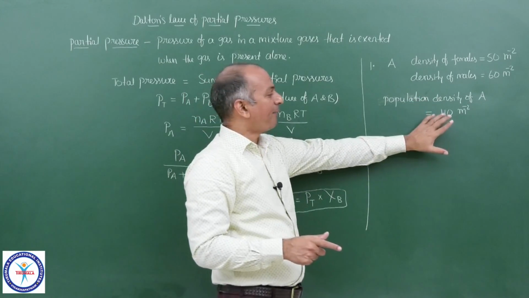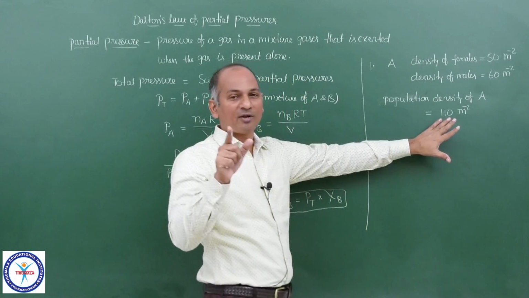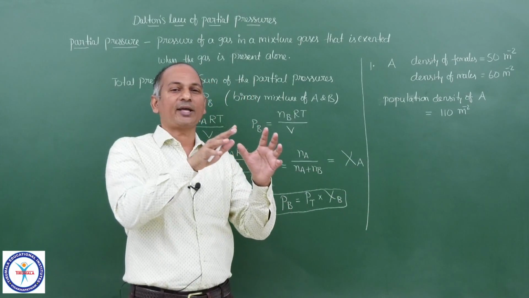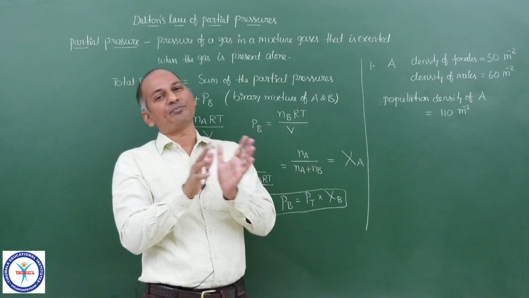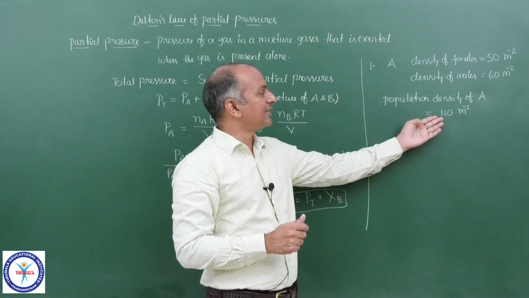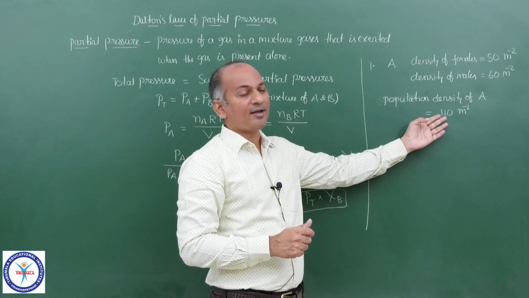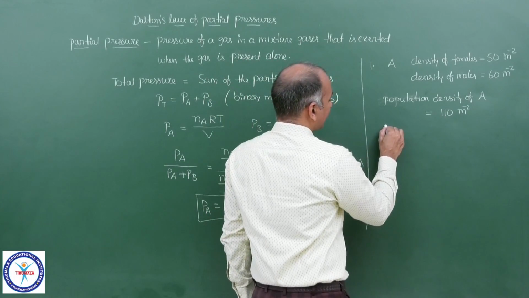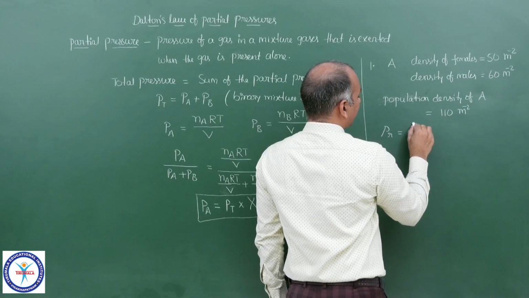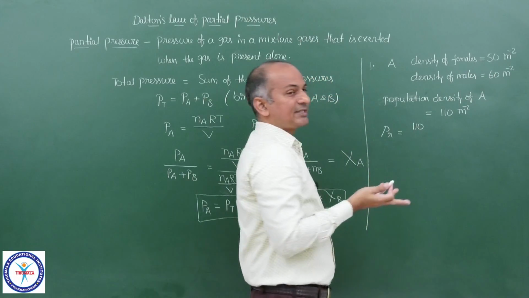So if you apply the same logic, you first convert the intensive into extensive property, then you calculate the resultant extensive property. From that you can calculate the resultant intensive property. You do the same thing, you will get the same answer. Because you see, this resultant density is equal to total population, that is 110, 50 plus 60.